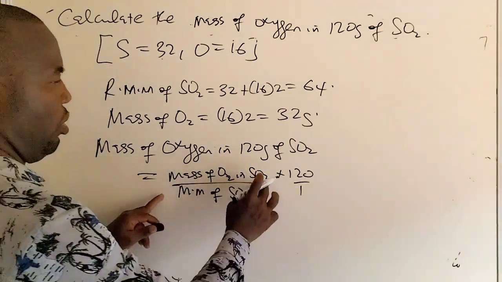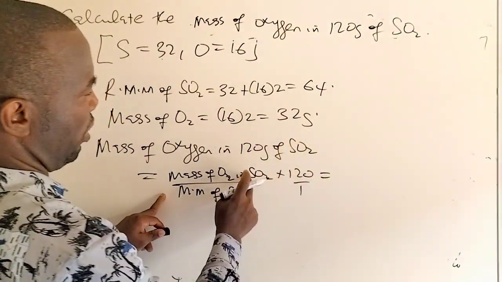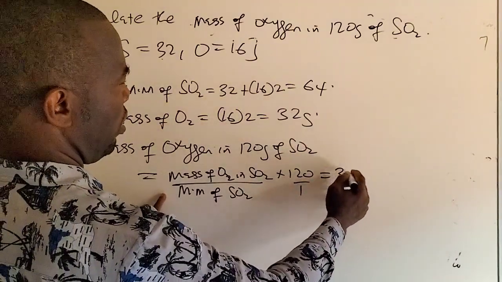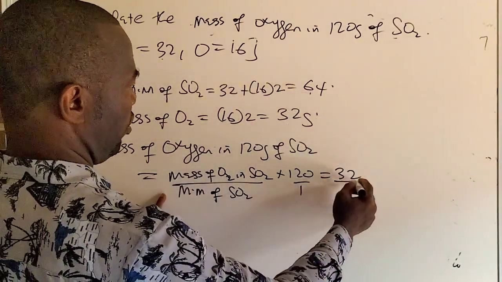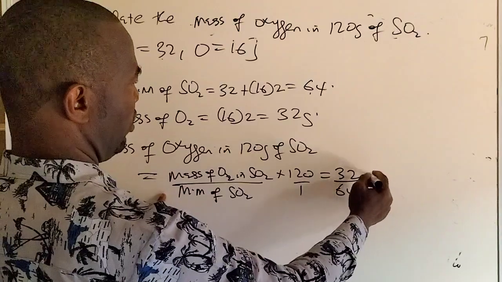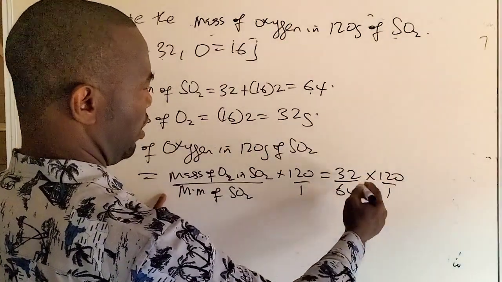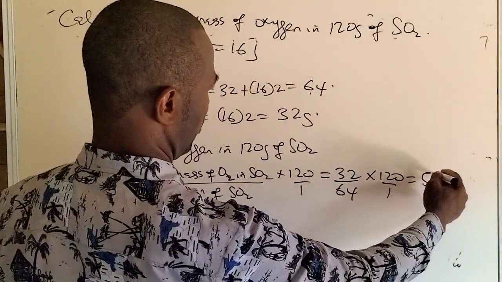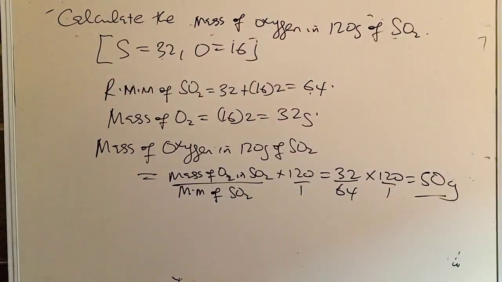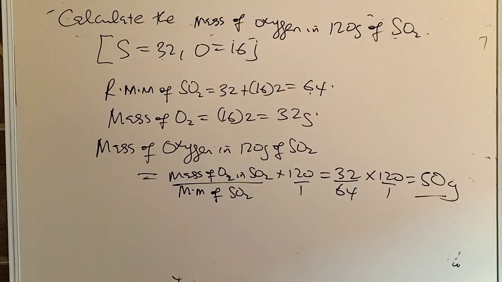The mass of oxygen in 1 molecule of this is 32. The mass of SO2 is 64, times 120, and that gives you 60 grams of oxygen in 120 grams of SO2. So that is it.